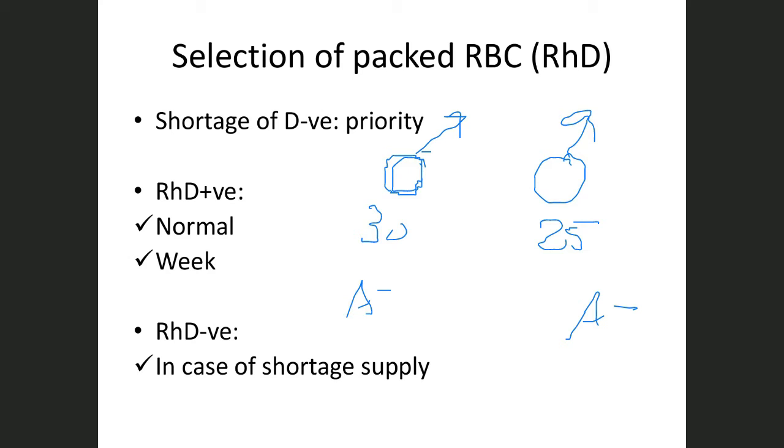Again we have only one unit. However, this patient is a sickle cell patient. The other patient needs blood because, for example, he is bleeding. He had surgery and is bleeding during the surgery, so he needs blood. So which one has the priority to have the A negative?